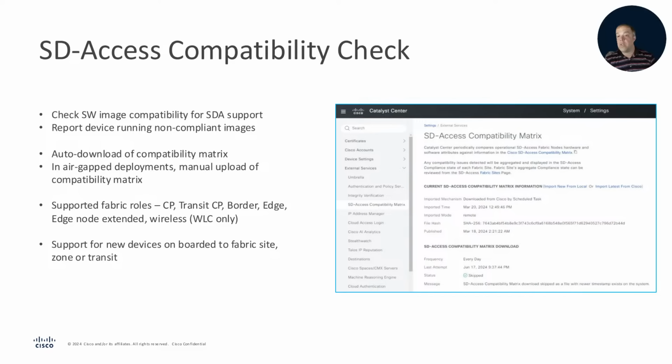The feature supports various fabric roles and will check for new devices added to fabric sites, zones, or transits. And it will help you as a network administrator maintain SD Access compatibility by identifying and reporting devices running non-compliant images. The goal here is to be proactive and ensure that you have smooth operation and prevent any potential issues that could be caused if you're running incompatible software versions.